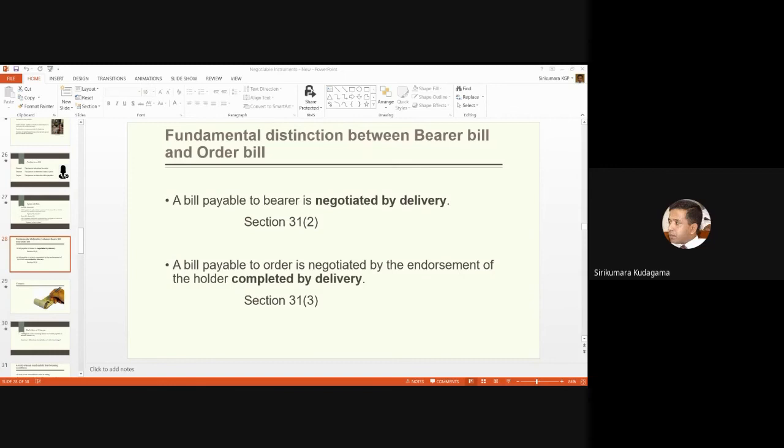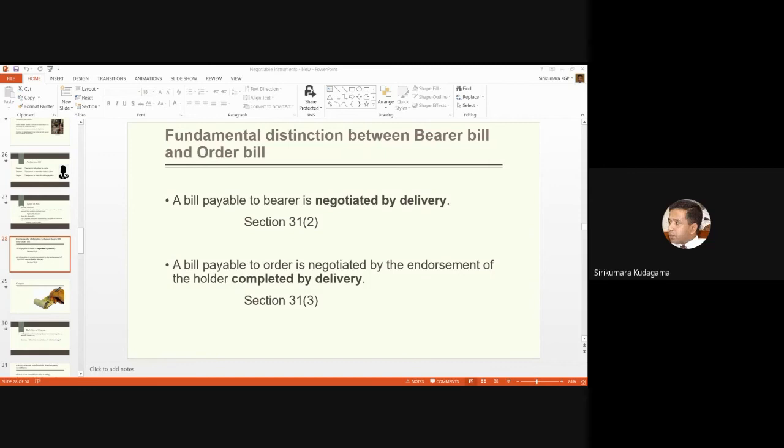Now, this is important as far as the legal argument is concerned. What is the rationale? If it's a bearer bill, any bearer can have title to it. So if you want to pass on your title in a manner recognized in law, all you have to do is deliver it to someone.